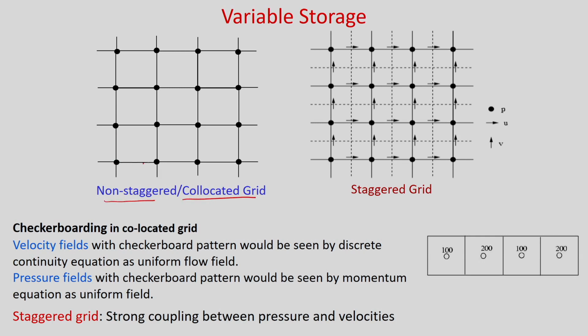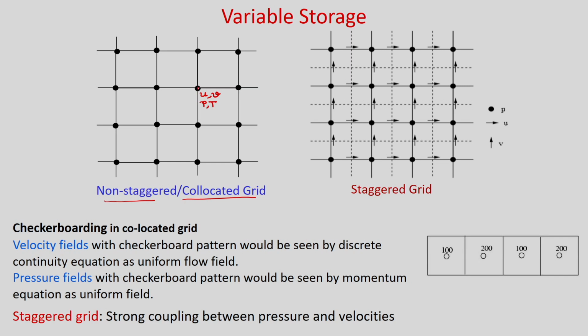You can divide the domain into discrete points. That is known as the grid, and these are the grid points, and in each grid point you solve all the variables. In 2 dimensions you solve u, v, pressure, temperature or any other species, like mass fraction.